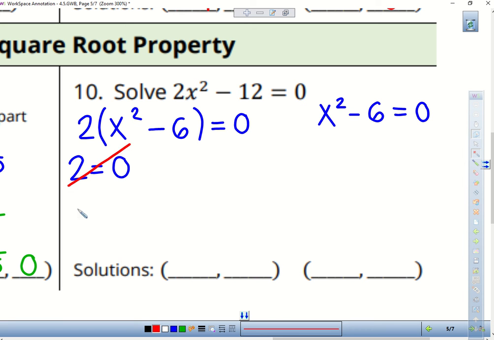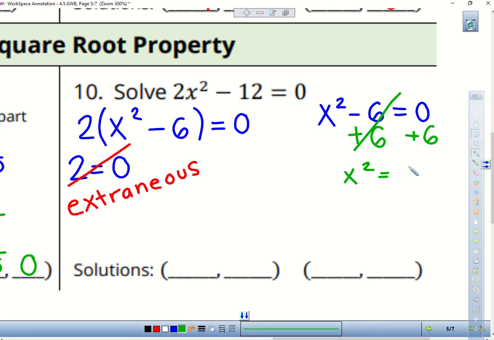Becomes extraneous. Good, extraneous. That's how you spell it. So here we're going to add 6 to both sides. We're going to square root, which gives us x equals plus or minus the square root of 6.